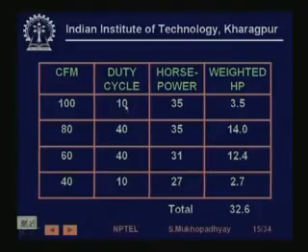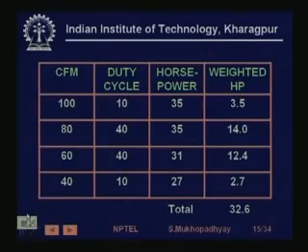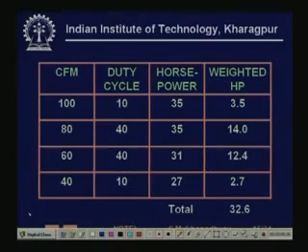From the load characteristics, we have seen that 100% load stays 10% of the time. So the 35 horsepower level stays 10% of the time, therefore the weighted horsepower is 3.5.